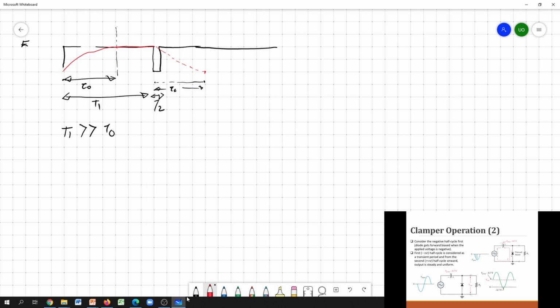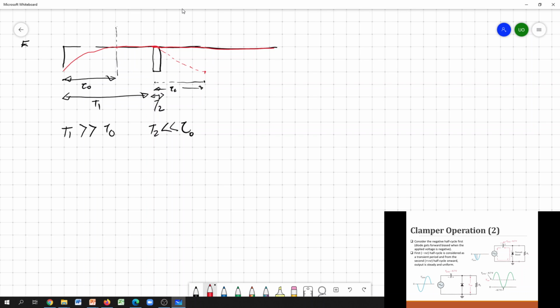So ideally we can assume the voltage across the capacitor remains as it is. If T2 is very small compared to tau naught, the capacitor doesn't have enough time to discharge to zero, so the stored energy remains as it is. Then, once it gets the positive cycle, the capacitor voltage again stays as it is.